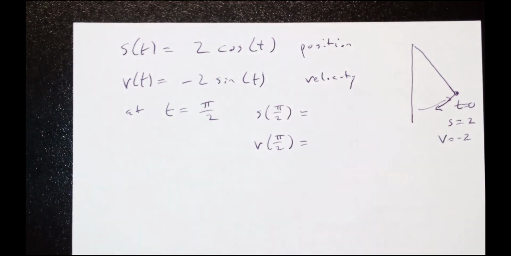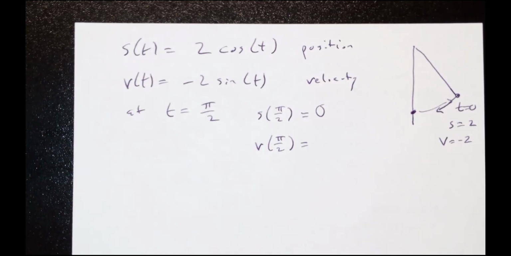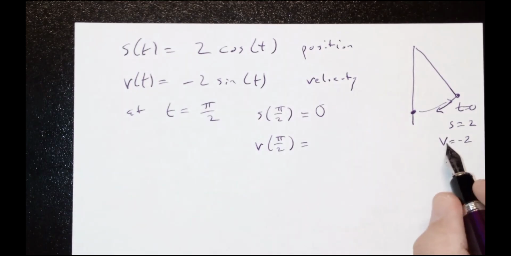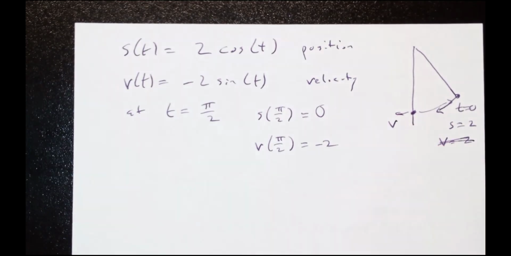Where are we at pi over 2? We're at 0. So we're here. And which direction are we moving? We're still going. Oh, wait a second. That's not right. We're still going this way, aren't we? I didn't do it right. What is my velocity at time 0? My velocity is 0. Why? Because I was holding it. I hadn't let it go yet. It wasn't moving. Gotta remember that part.